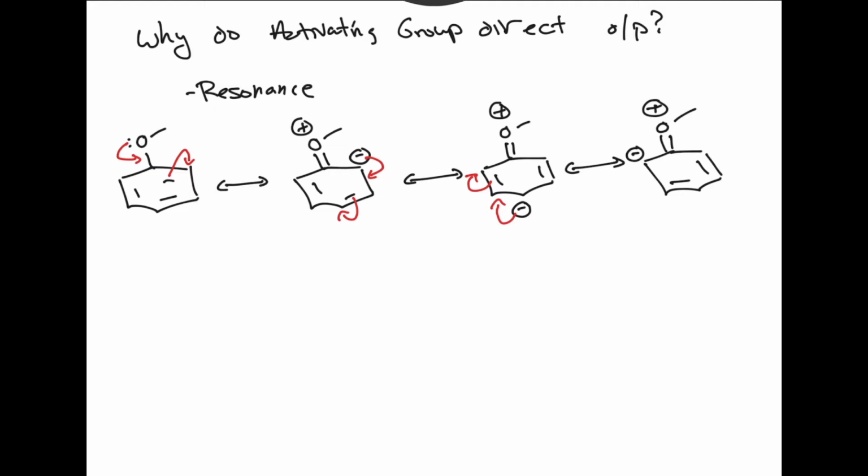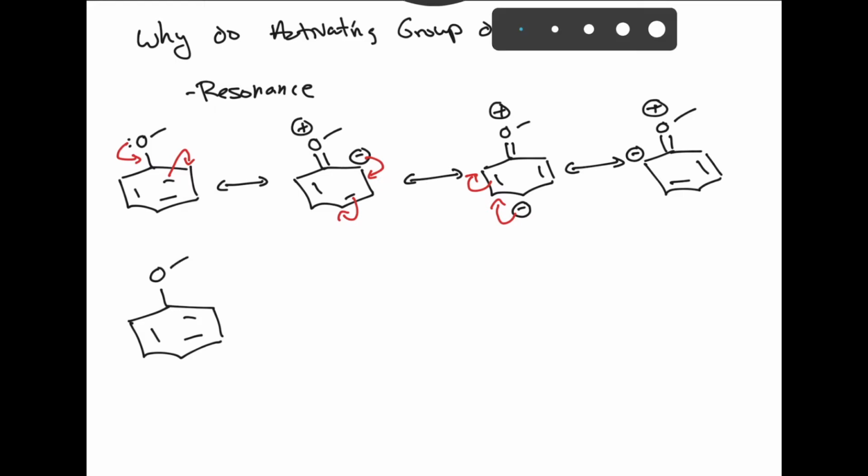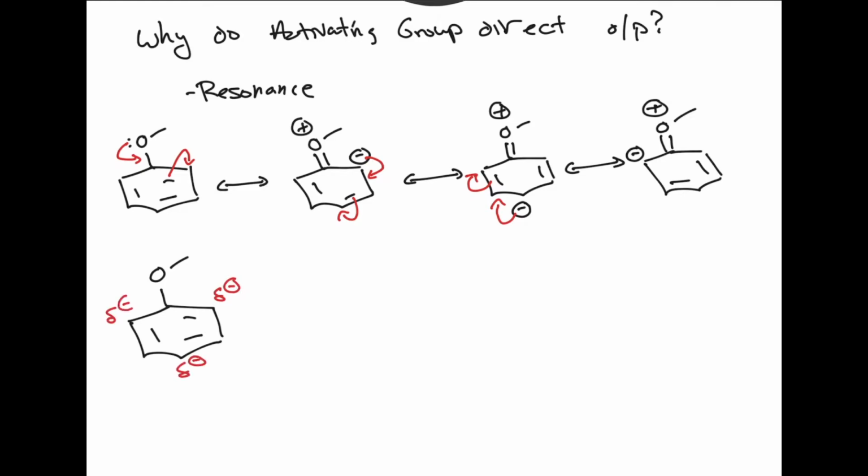So what we can say with this methoxy group is kind of the same thing we did with dienes, right? We said for dienes that you get these partially negatively charged carbons, and we have the same thing here. So the ortho and para positions, when you have anisole, are slightly negative. We can extend that to all of our electron donating groups that have lone pairs.